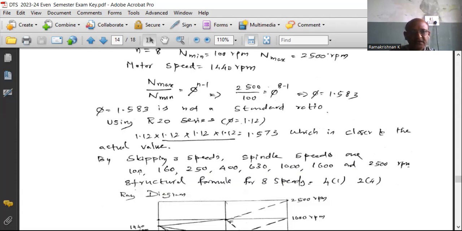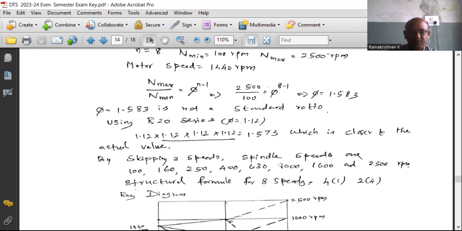So we can start with 100, as the minimum speed is 100. By skipping 3 speeds, the next speed is 160. Similarly, we can get all 8 speeds, but ensure the last speed, the maximum speed, is 2500, which is given in the problem. It is so, so it is correct.